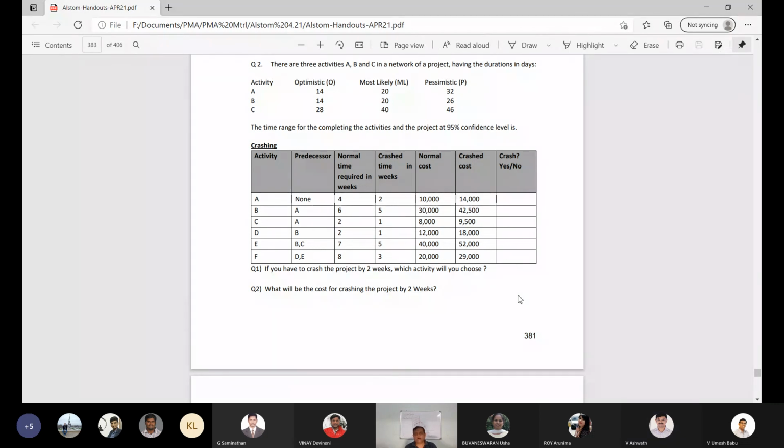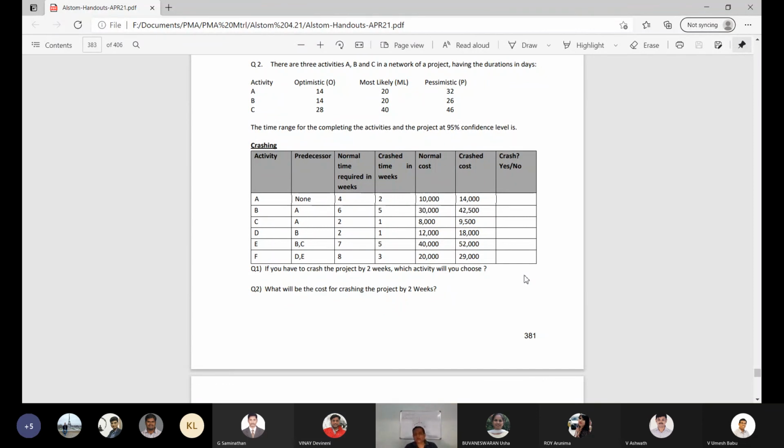So what is the crashing cost per week? 29 minus 20, that's 9,000. Divided by 5. 8 minus 3, that is 5. So 9 divided by 5 is 1,800.